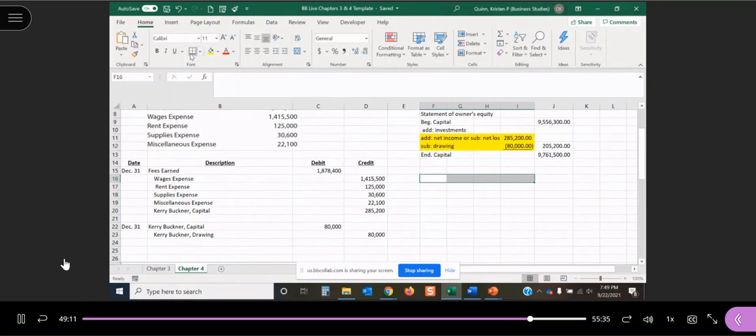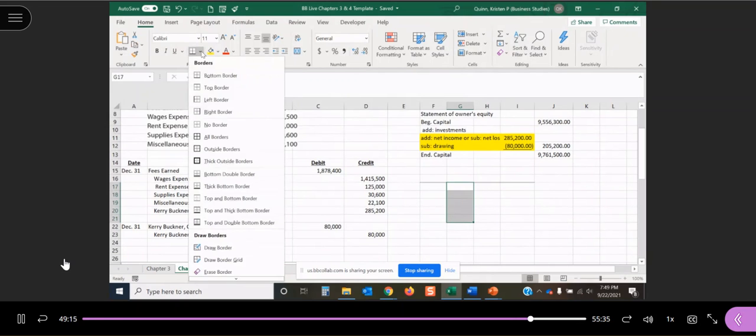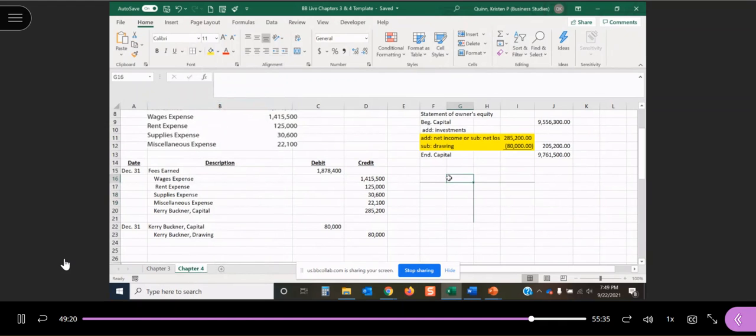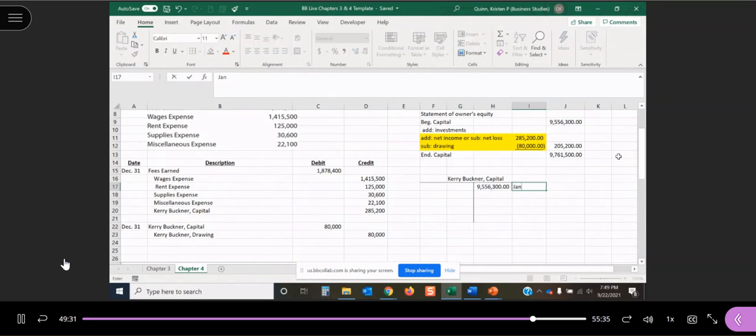So now if we think about Carrie Buckner Capital, she started with that $9,556,300. So as of, let's say, January 1st, we credited her account for $285,200 as part of our closing entry.